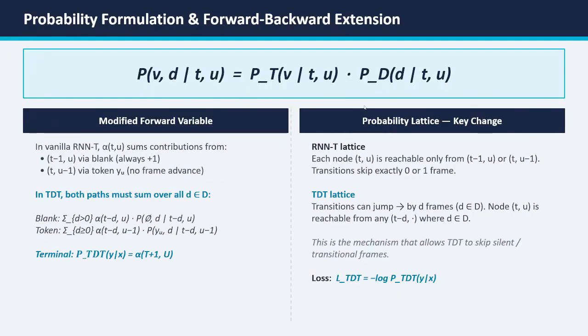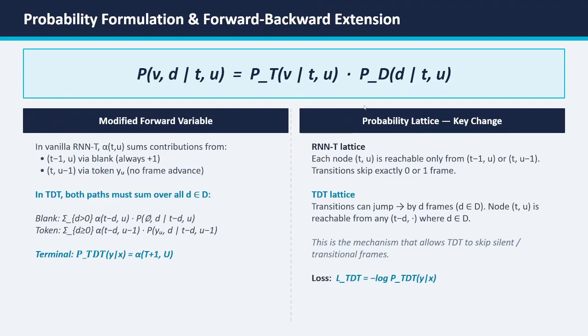By introducing duration, the probability lattice calculations must be adjusted. This is the mathematical core of the paper. In a standard RNNT, a node can only transition from its immediate left or bottom neighbors, but in a TDT, a node can jump from a previous position t minus d.